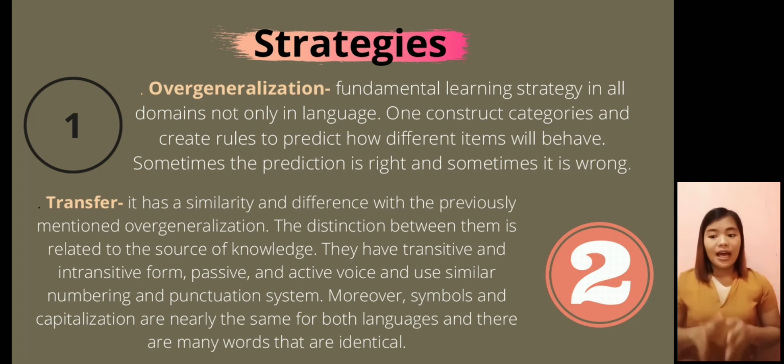Above and beyond, they have transitive and intransitive forms, passive and active voice, and use similar numbering and punctuation systems. Moreover, symbols and capitalization are nearly the same for both languages, and there are many words that are identical.